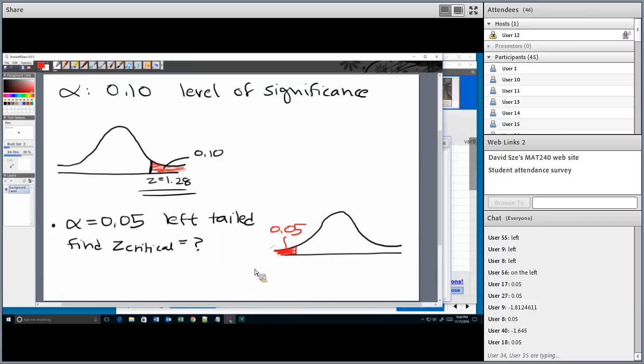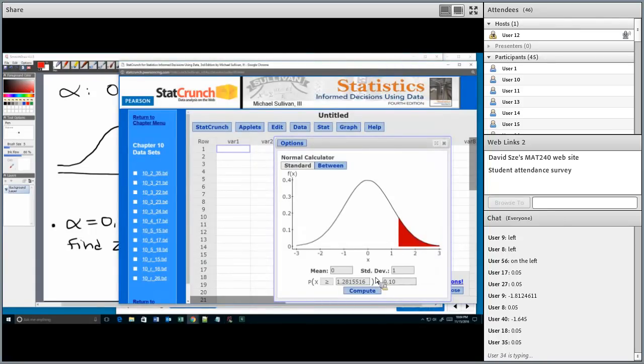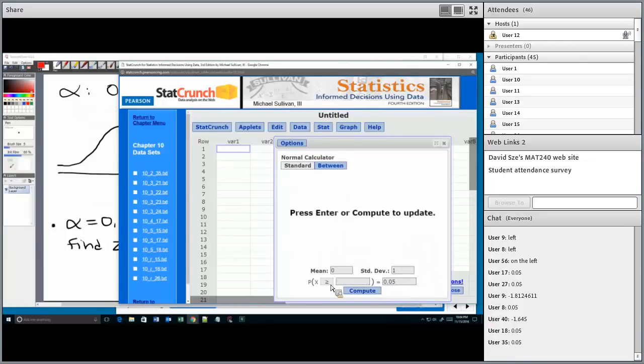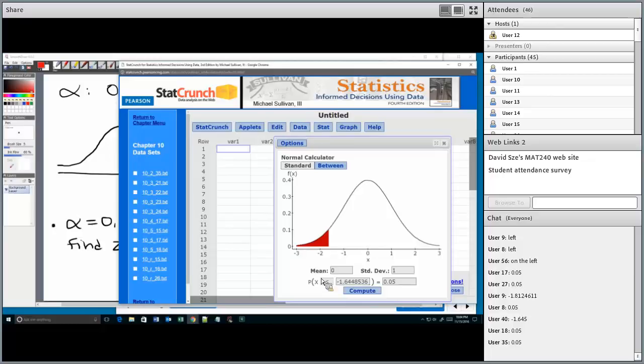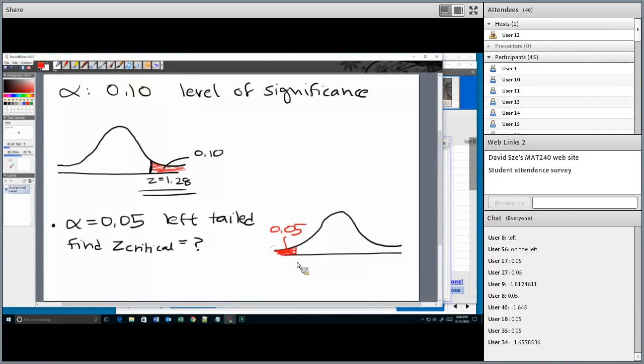Okay, and look at Vince. He has even computed the critical value, but the area under the curve is 0.05. So can I find this now? Can I find it here? Well, just like Jessica said, I'm going to put 0.05 here, but I'm going to change this sign to less than now because the tail is on the left side, and I get minus 1.645.